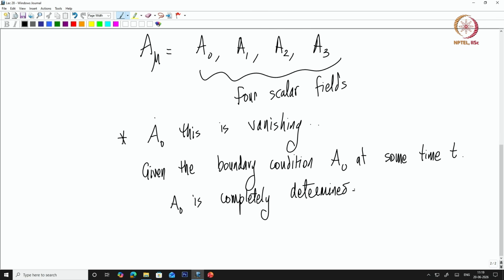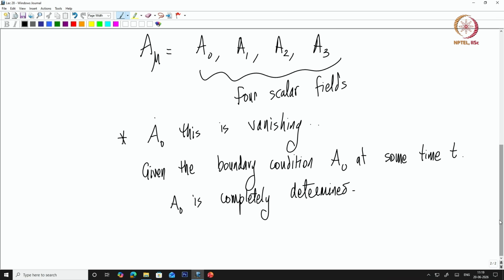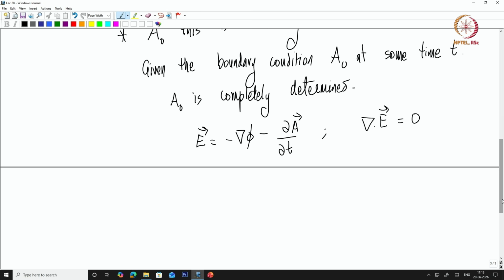Now what do you use for the determination? You remember that we have E equal to minus del phi minus del A bar by dt, and we have the equation del dot E is equal to 0, the equation of motion in the absence of sources.